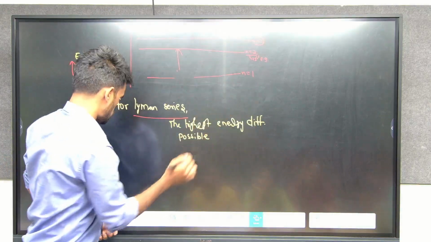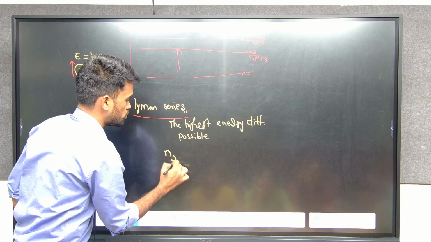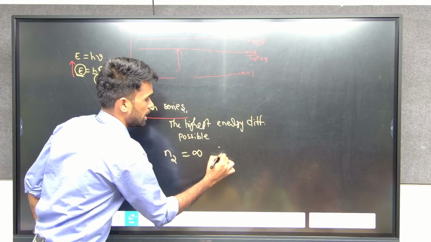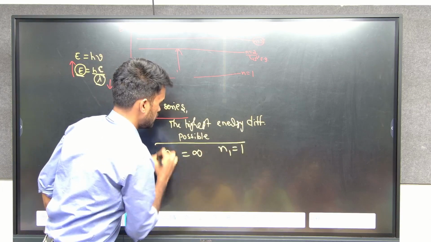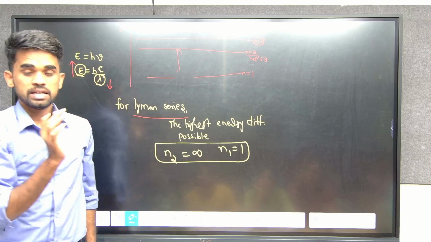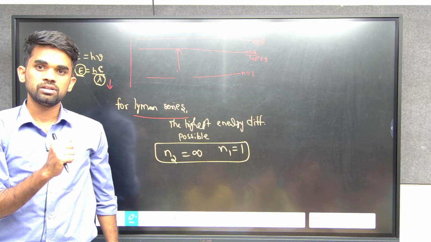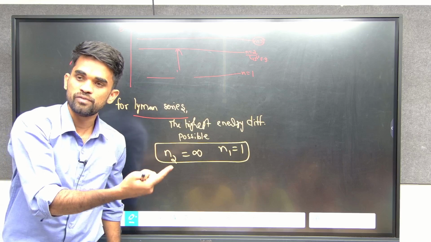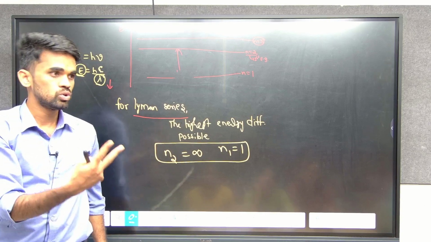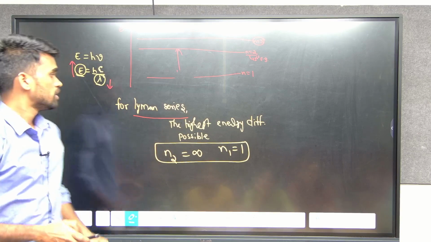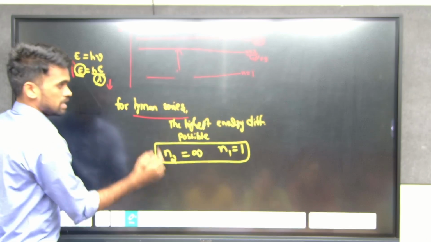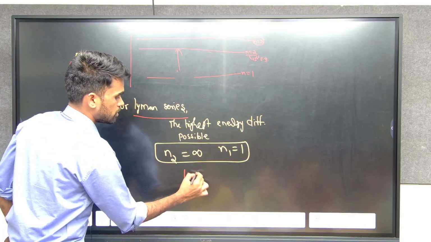So N2 should be infinity, N1 should be 1. This is the story for Lyman series. Similarly, for Balmer series, N2 is infinity, N1 is 2.